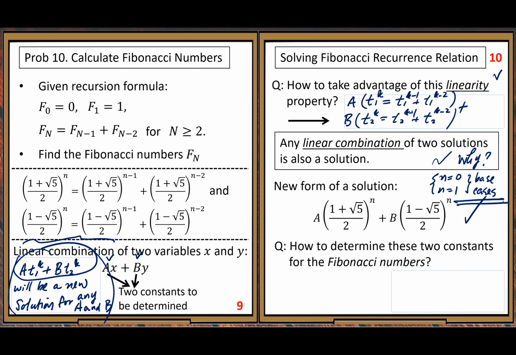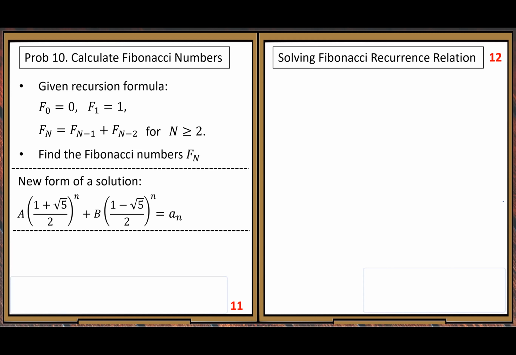So we use the two base cases to determine capital A and capital B. That's the last thing we need to do here. Two initial conditions, so the last step is pretty straightforward.